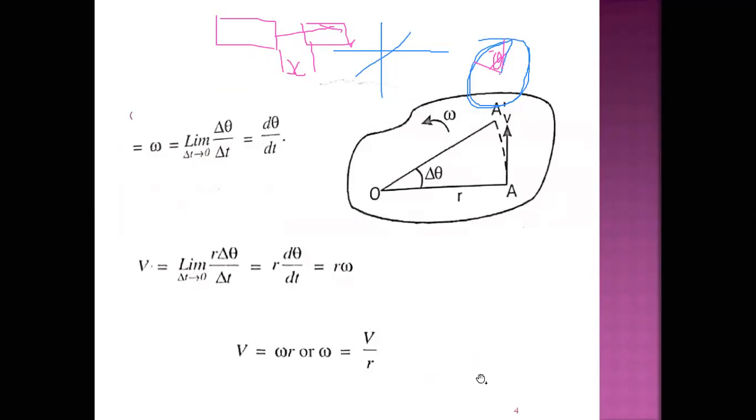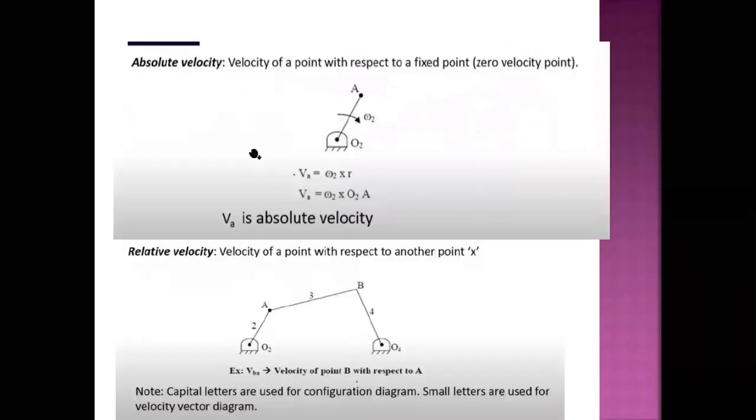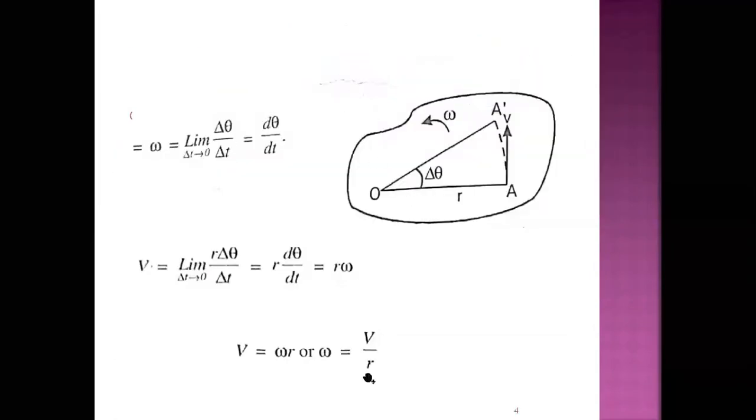Now in this slide we are discussing the relation between linear velocity and angular velocity. What may be the relation between capital V and omega? Capital V is always called linear velocity, omega is always called angular velocity.